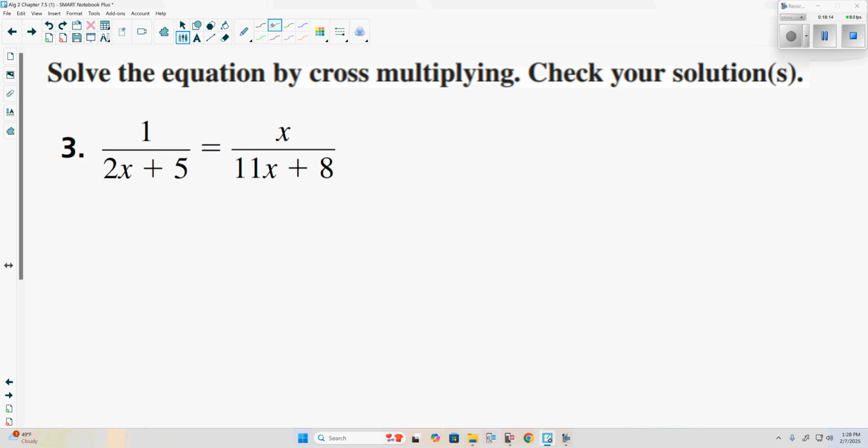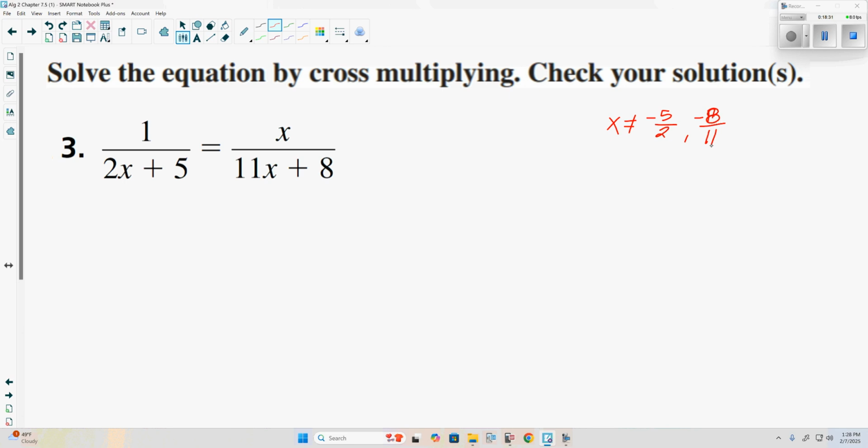Now, restrictions for this here, x, I'll tell you, cannot be negative 5/2 or negative 8/11. Just not going to work if we have either one of those.